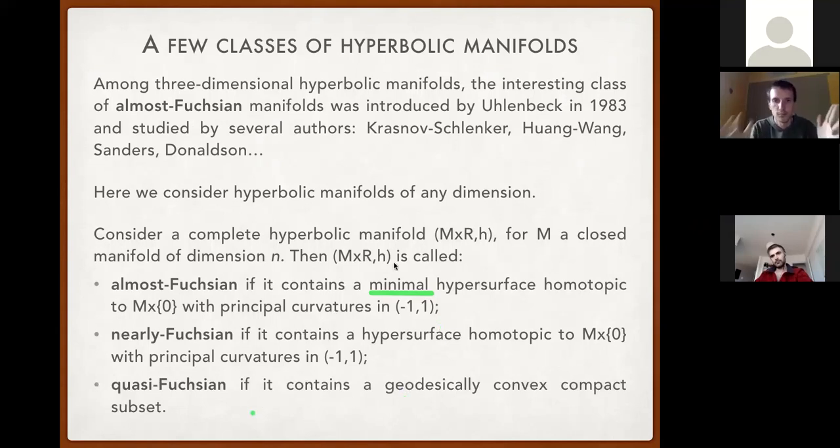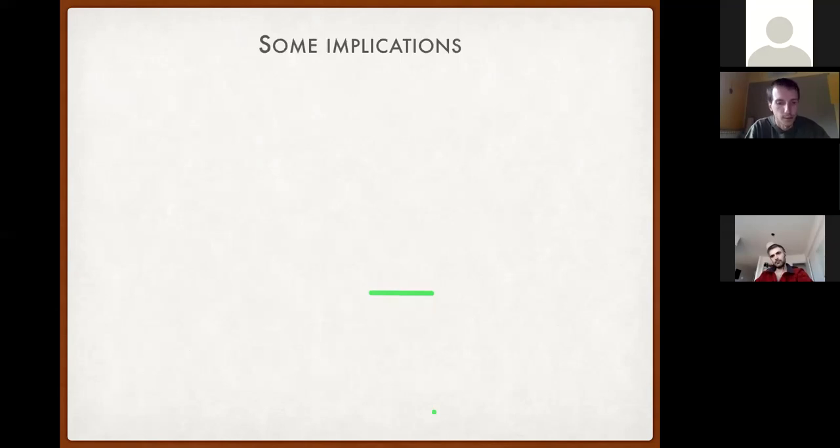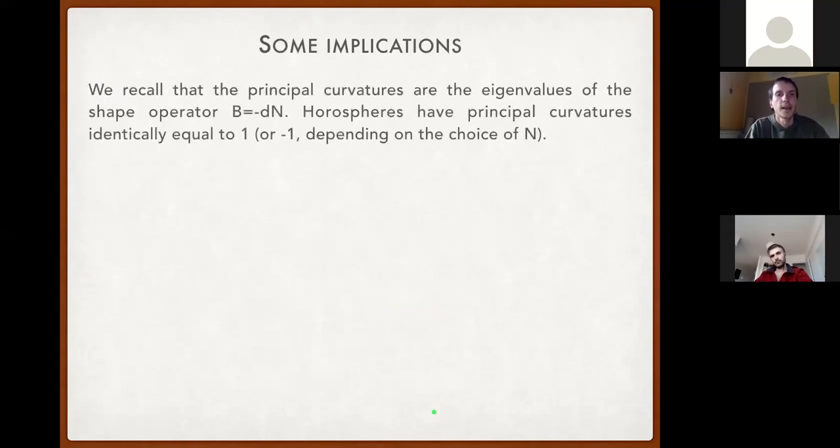These are just products M cross R, such that there is a compact and geodesically convex subset inside the manifold. You can take the smallest such subset, and this is usually called the convex core. Okay, so there are some implications between these. To complete the definition, the principal curvatures are the eigenvalues of the shape operator, which is defined in a general Riemannian manifold for hypersurfaces as minus the derivative of the normal vector.